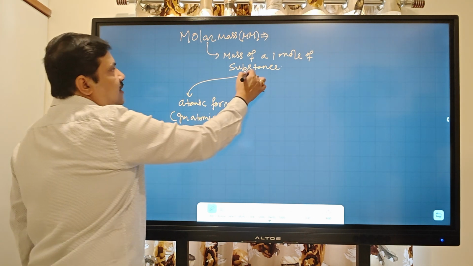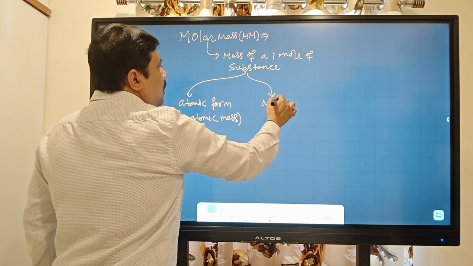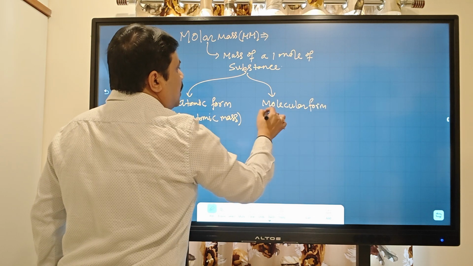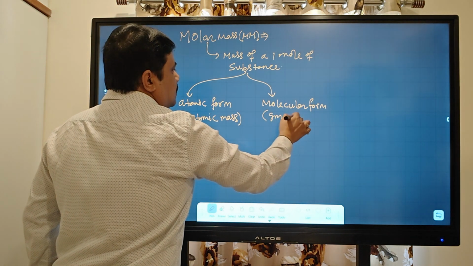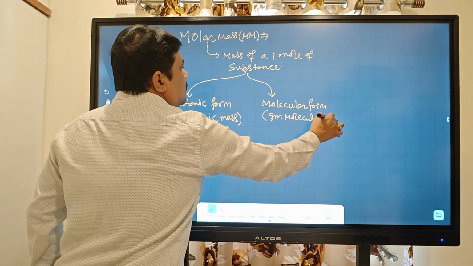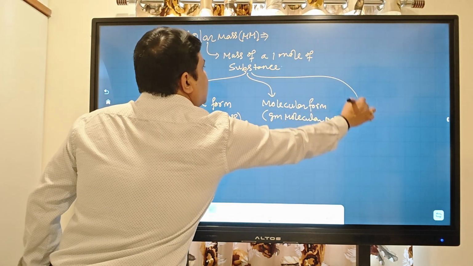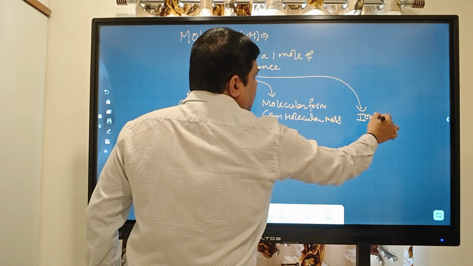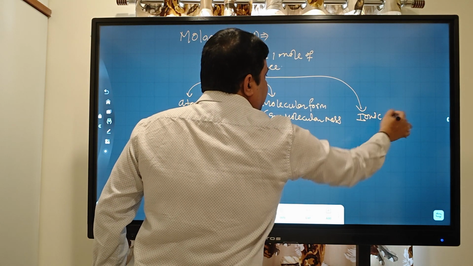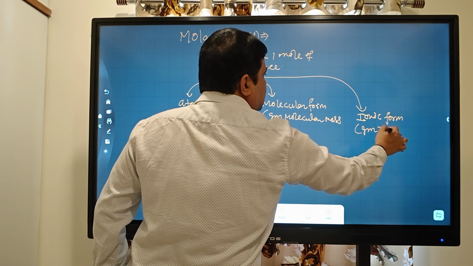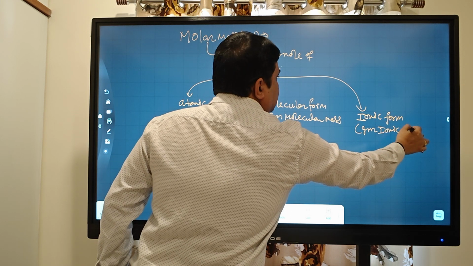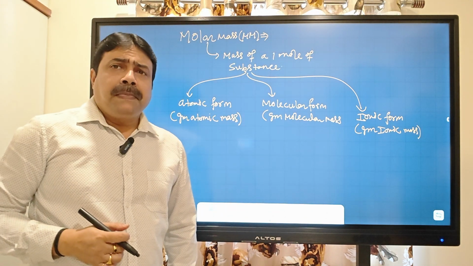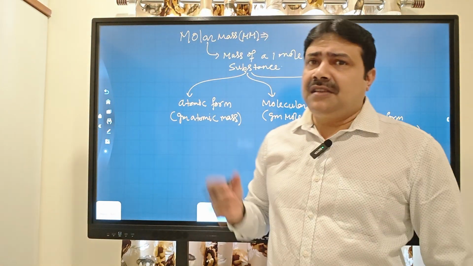Whenever the substance is in molecular form, we will call it gram molecular mass. Whenever the substance is in ionic form, we will call it gram ionic mass. So that is the very simple idea: the mass of 1 mole of substance is nothing but the molar mass.